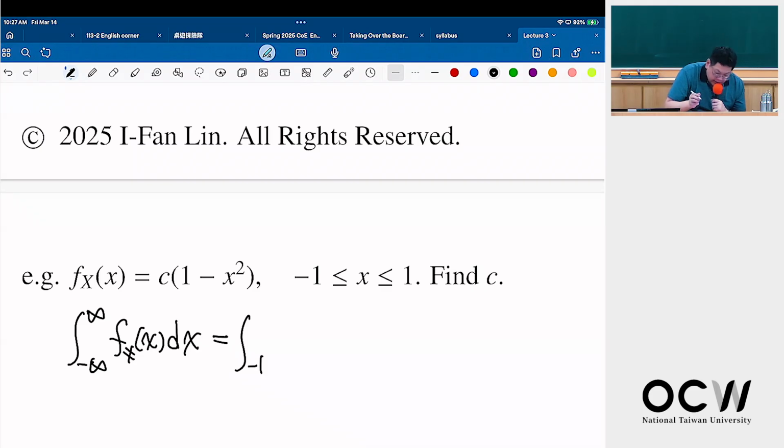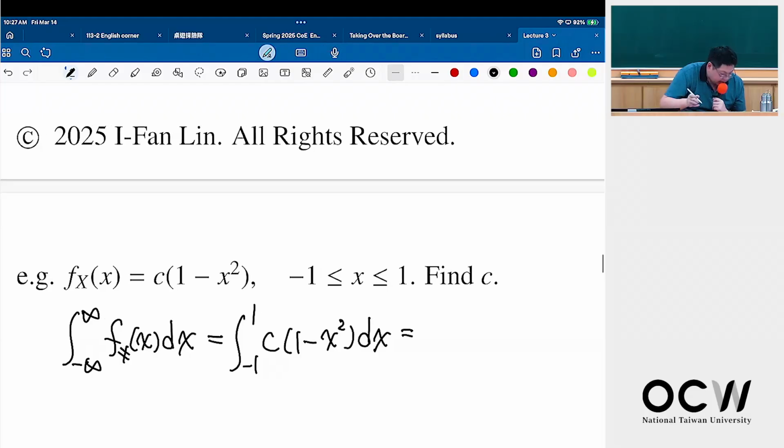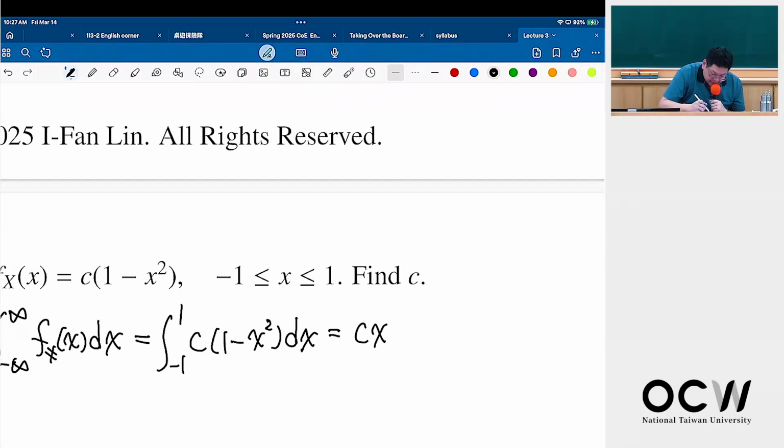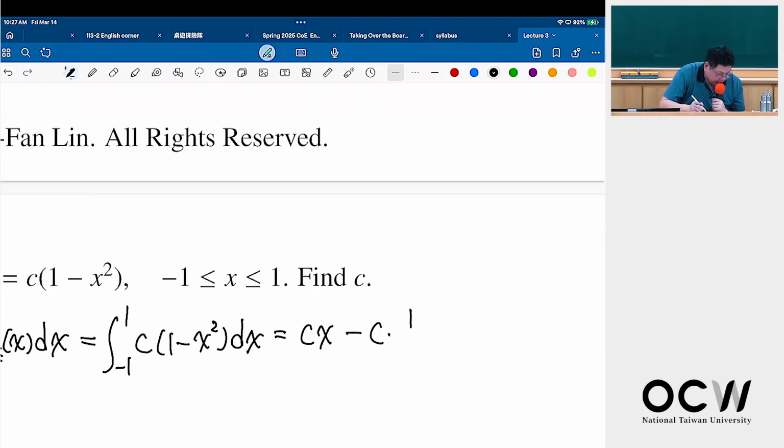X is from -1 to 1, of C minus x squared. This overall is Cx minus C times 1/3 x cubed.